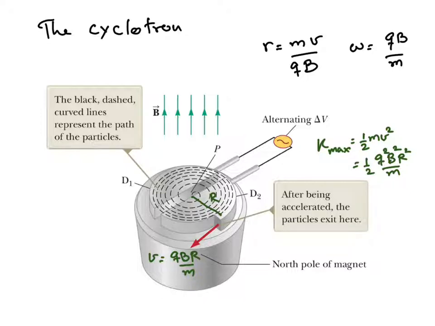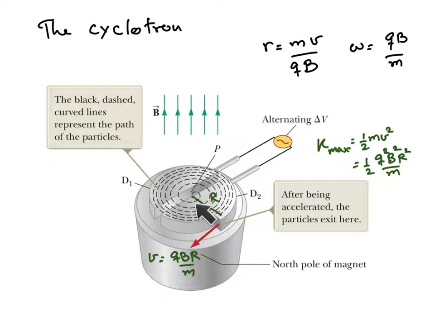The principle of the cyclotron is that if you have an ion charge here at the point P, you create the ion here at the point P, and this point is in between two D-shaped conductors.